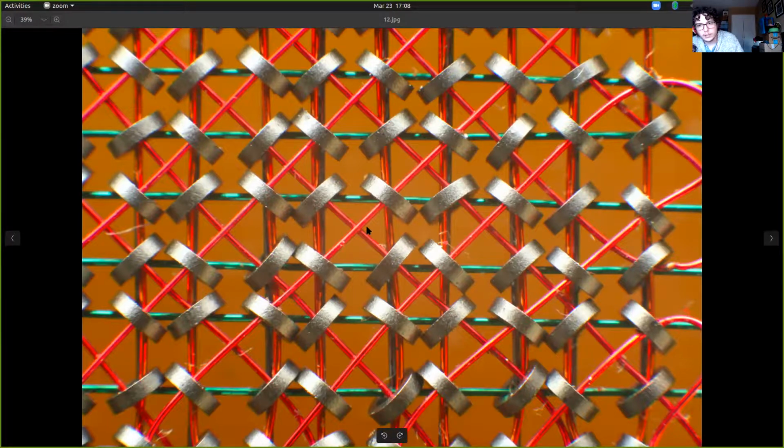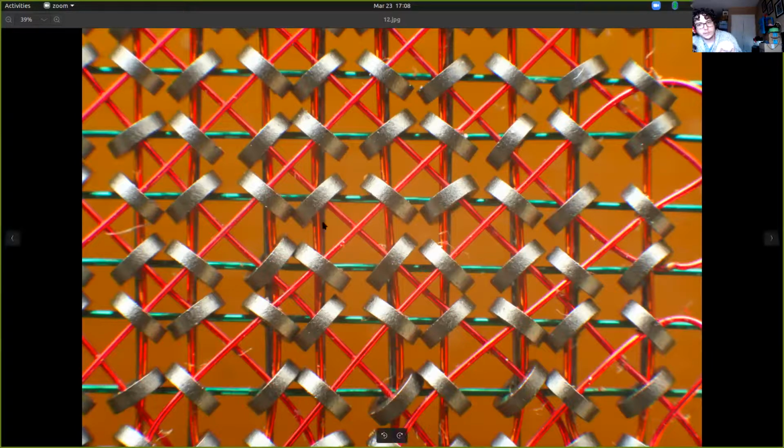Now, the cores here, how should I put this? You can see each of these has a wire running into the center of them, right? Depending upon the direction that you send a current, it would flip the magnetic field of these little toroids so that they would be in either a clockwise or a counterclockwise position.